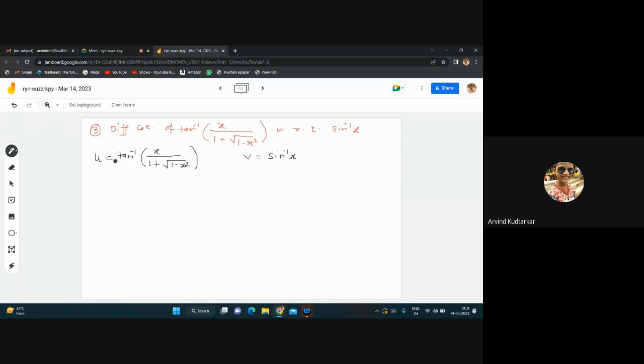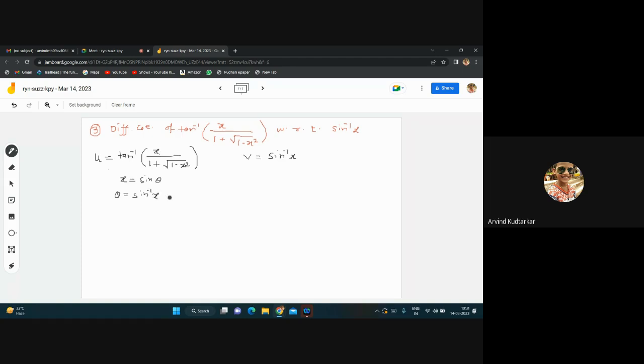Now here in u, outside there is tan inverse. It means you substitute a particular value of x and express that whole function in the form of tan once again. So what will you substitute for x? If possible, you have to simplify. Otherwise, the process will be lengthy. So we substitute x equal to sine theta, where theta is equal to sine inverse of x.